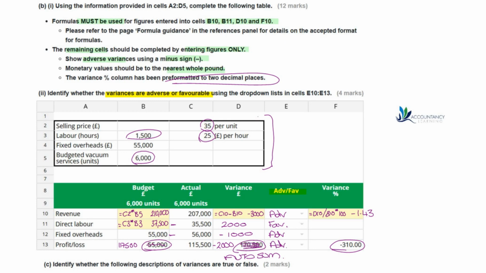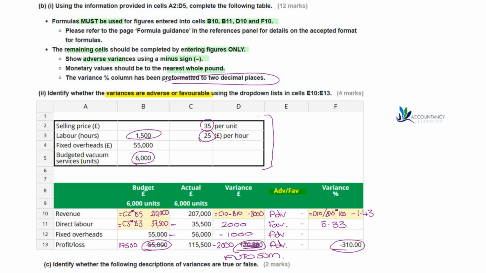For direct labour, this time we're just going to be putting in figures, so we need to do the calculations ourselves. So 2,000, and we're going to divide the 2,000 by 37,500 and multiply by 100 to give us 5.33.